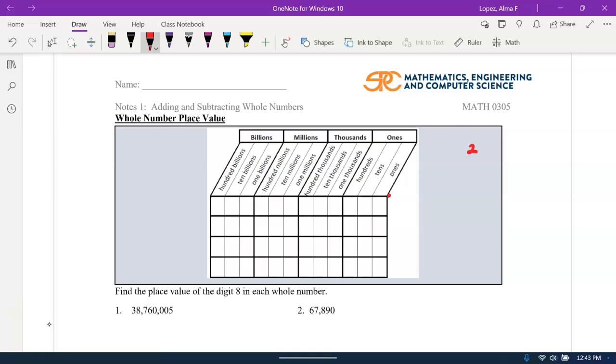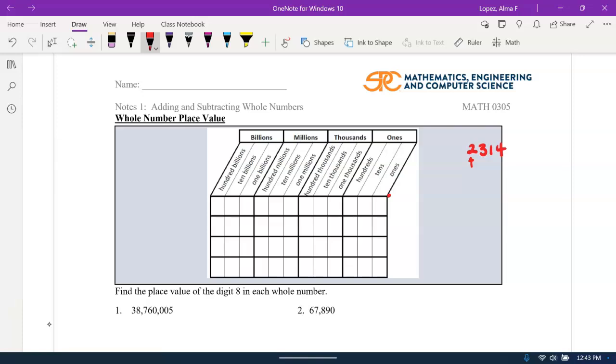If you have a 2-digit number, the number 2 is the 10's place because that is the second position, or the 10's value. If you had a 4-digit number, the 2 then would be in the 1's, 10's, 100's, thousands place value.